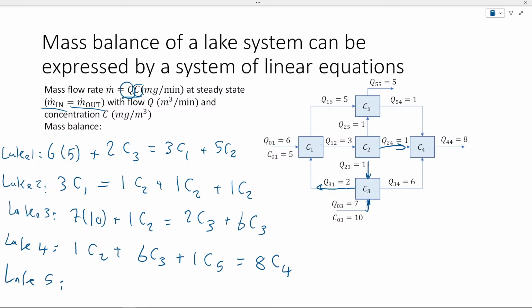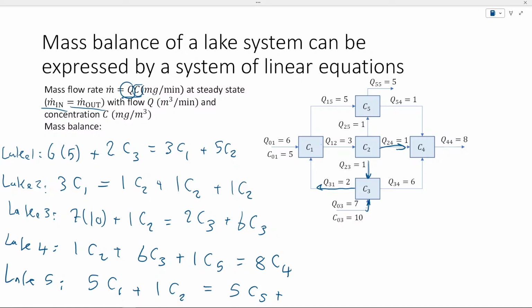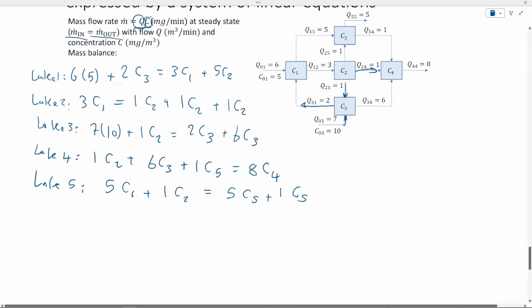What's coming in? I have 5 of C1 plus 1 of C2, that is equal to 5 of C5 plus 1 of C5.